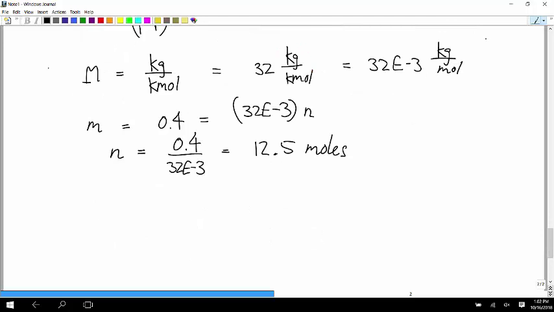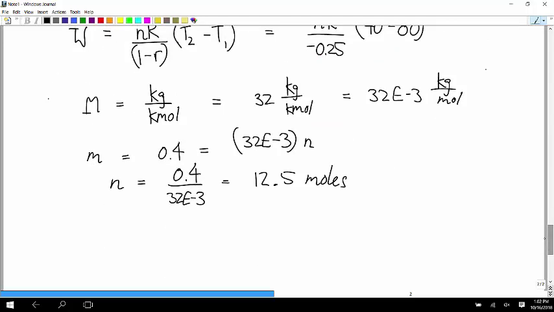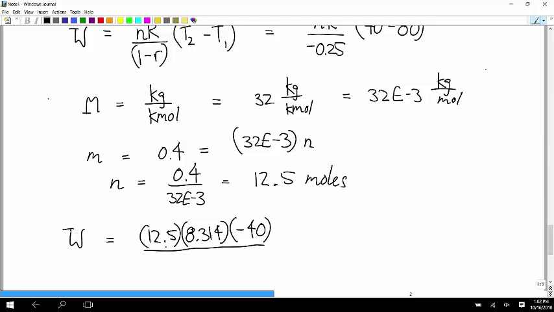Plug this in and you get that W is equal to 12.5. We have everything in SI units now, so R is 8.314. This is negative 40 divided by negative 0.25.